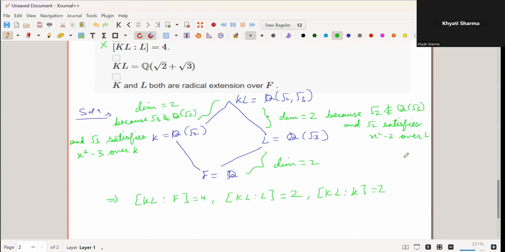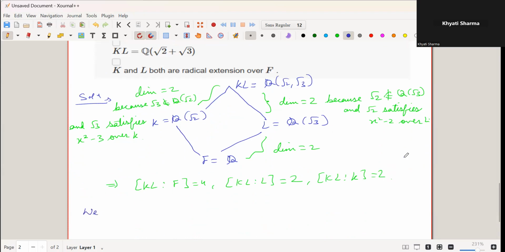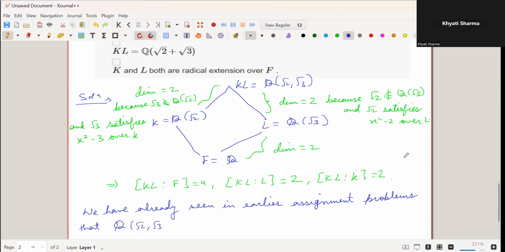And in one of the exercise problems, we have already seen in an earlier assignment that Q root 2 root 3 is the same as Q root 2 plus root 3. So this option is correct.